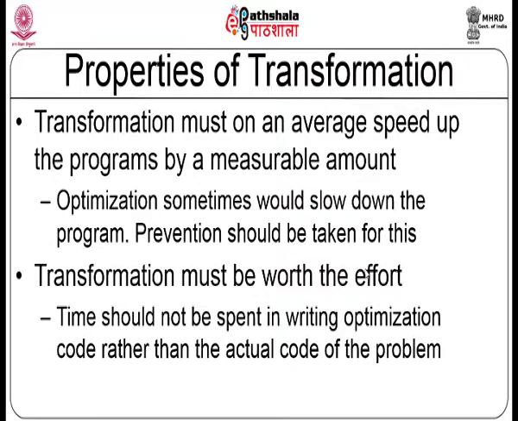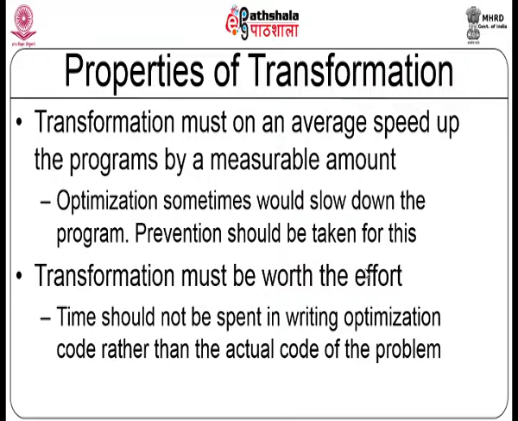The last one is, transformation must be worth the effort. The time that is spent on optimization should be well utilized. You should not spend so much time on optimization itself, which is much higher than what you spent on coding. That should be the thumb rule for determining how much optimization is required.